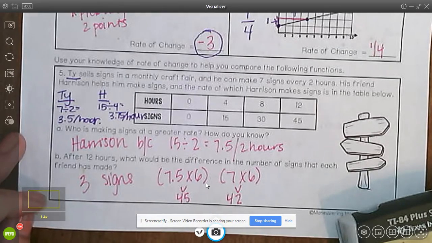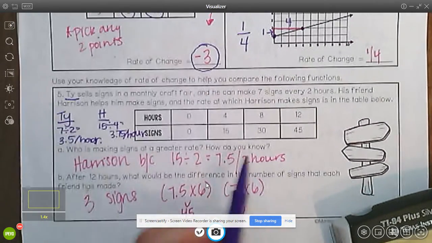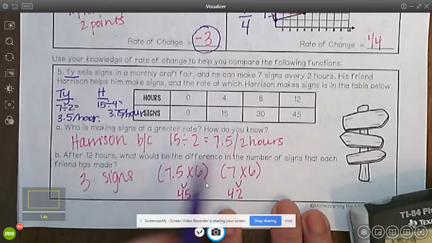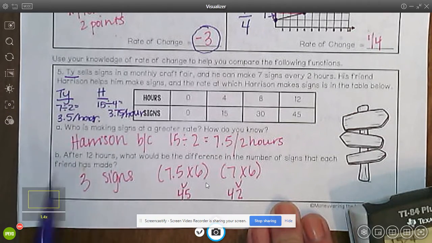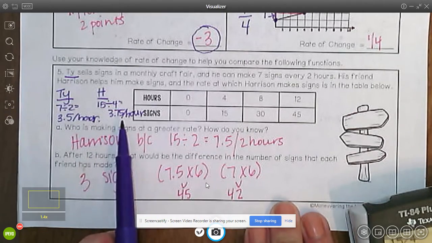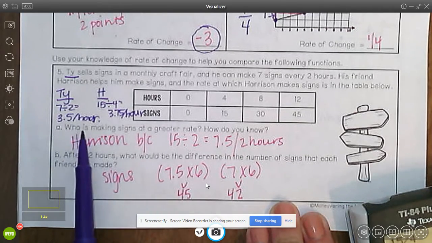So who's making signs at a greater rate, and how do we know? It was Harrison. Now this explanation is a little confusing. Ms. Gaskins chose to explain it in a different way, but either way works as long as it makes sense to you. So here Harrison is making them at a faster rate because 3.75 signs per hour is faster. You're making more signs per hour than 3.5 signs per hour.